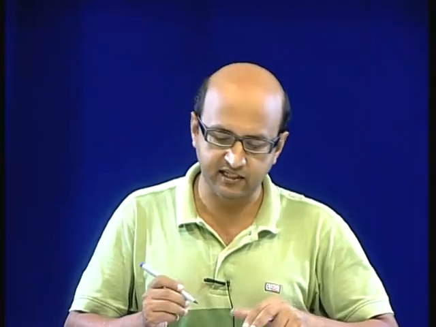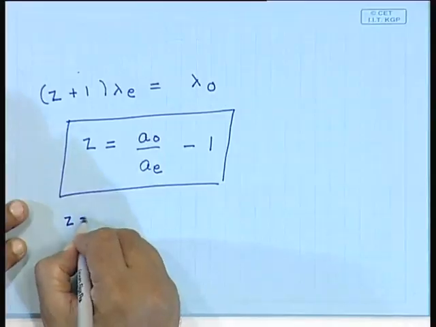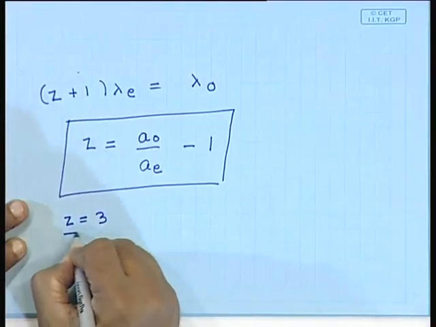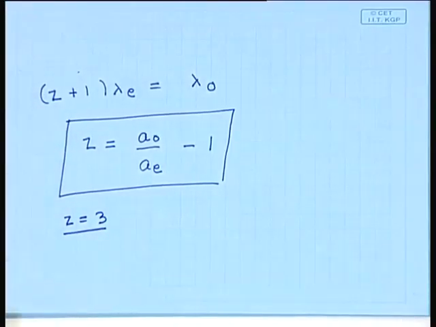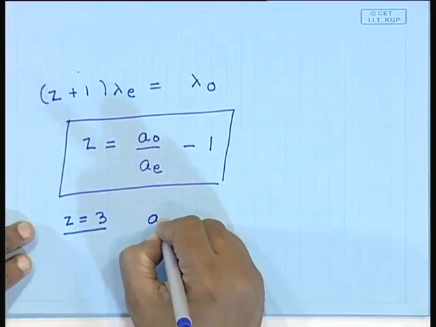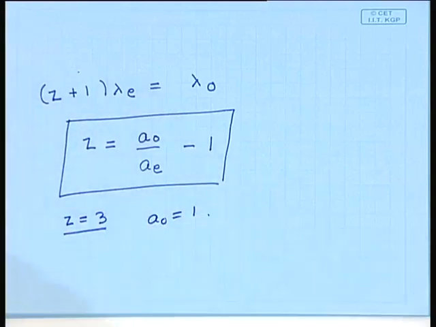We see a galaxy at a redshift Z equal to 3. So, I am sitting at present and I observe a galaxy at redshift equal to 3. So, we assume that the scale factor at present is 1, that is what we have been doing throughout, right.